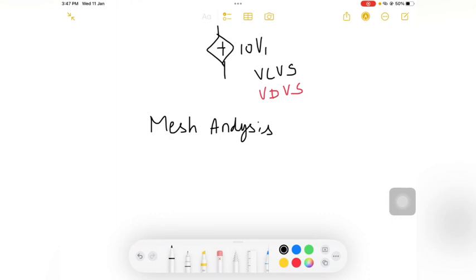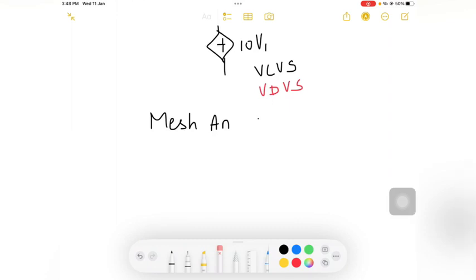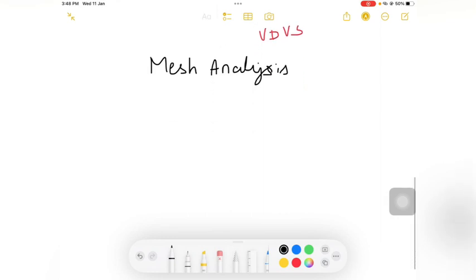Mesh analysis. So take this network, which is given with a current source.